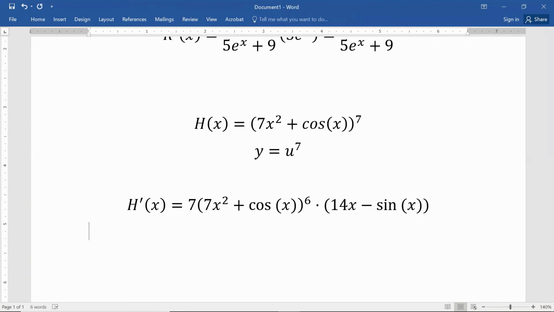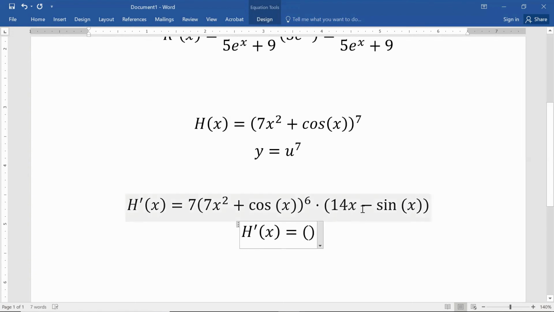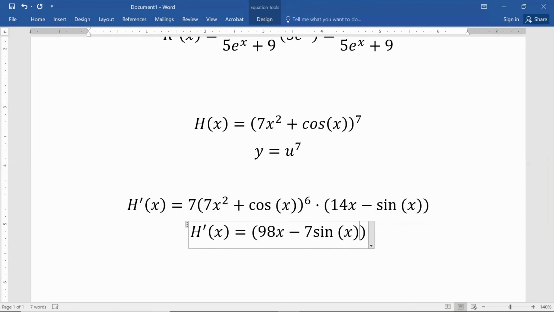So I'll go ahead and do that just so you've seen it once, so you know how to rewrite this in numerous ways. H prime of x would be equal to, I'm going to take the derivative of the inside function and put it up front. So 7 times 14x is 98x minus 7 times sine of x.